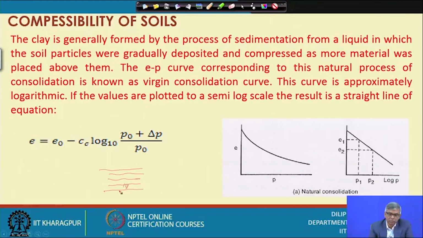If you plot e versus pressure corresponding to that, whatever you get is called the virgin compression curve, and this curve is approximately logarithmic.